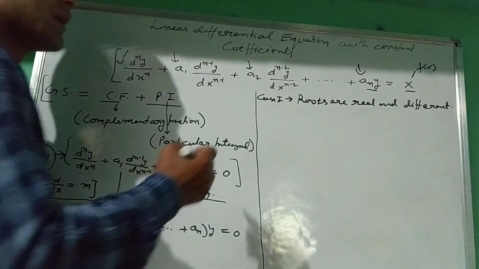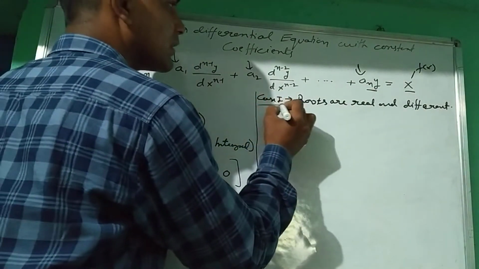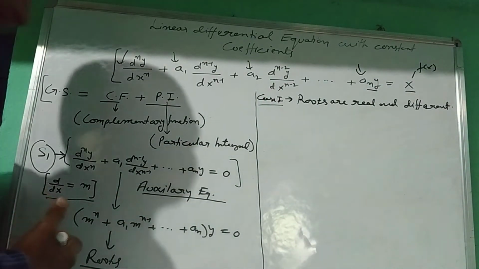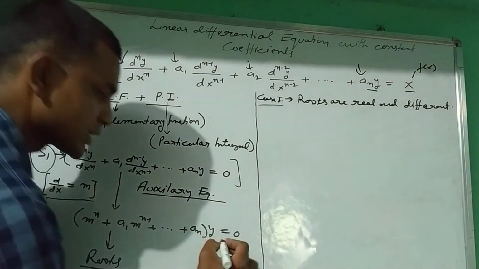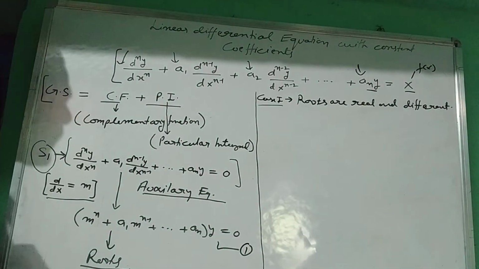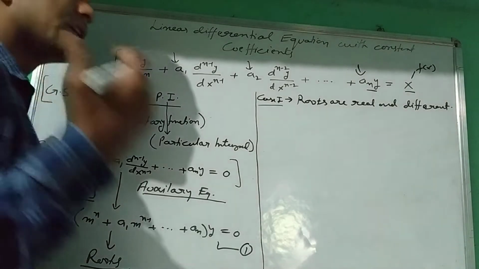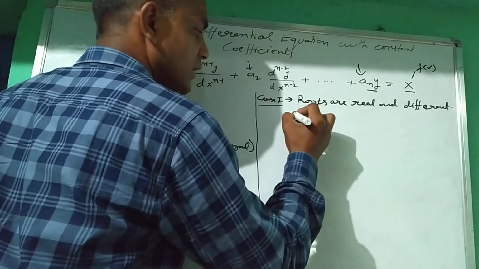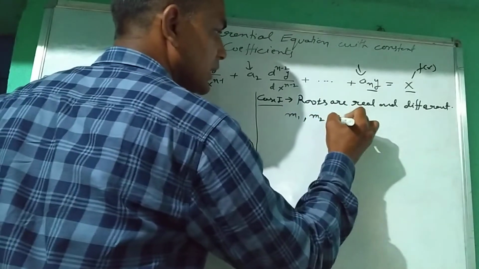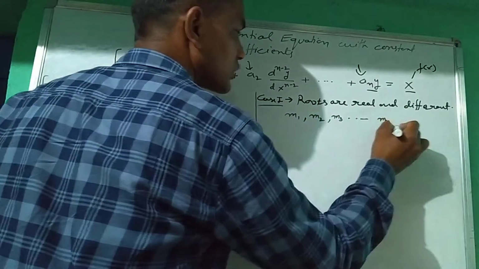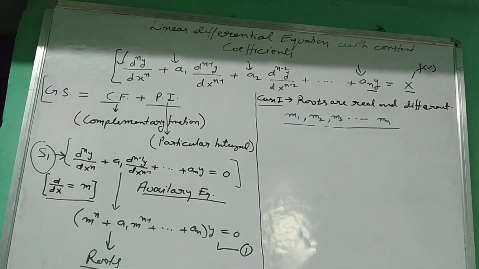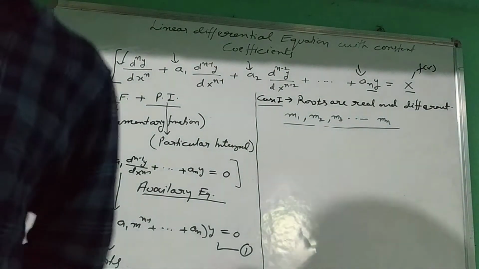First case is when the roots are real and different, when the roots are real and distinct. Suppose this is equation number 1. When we solve this equation, suppose the roots are m1, m2, m3, and so on up to mn, all different and real.